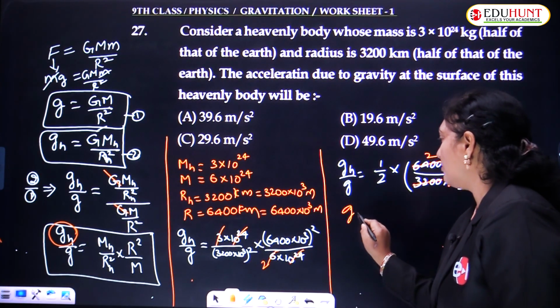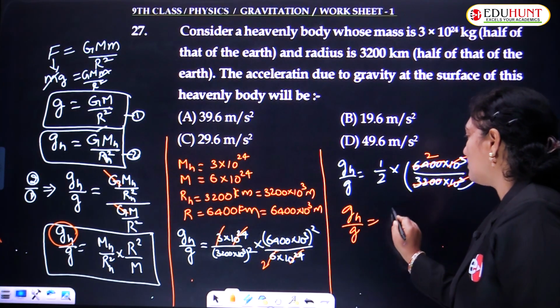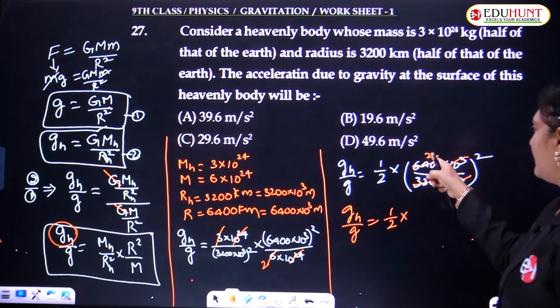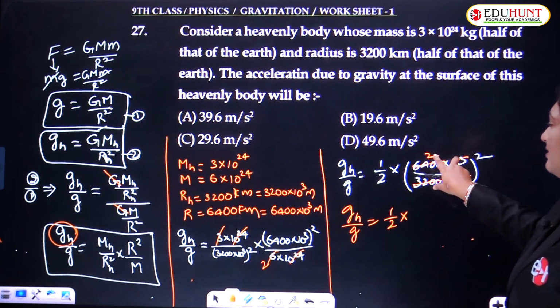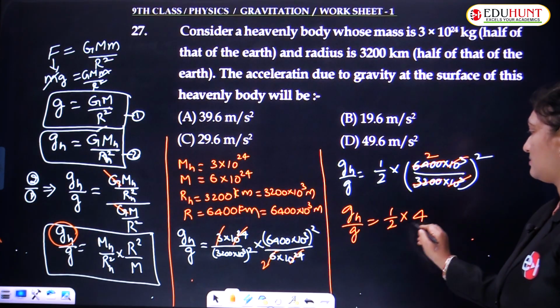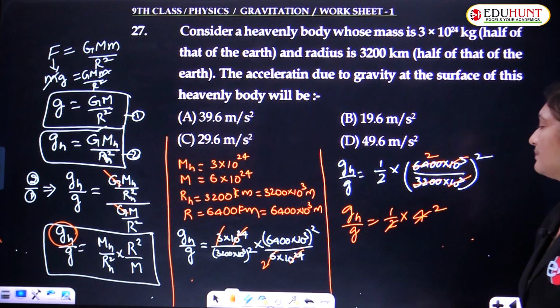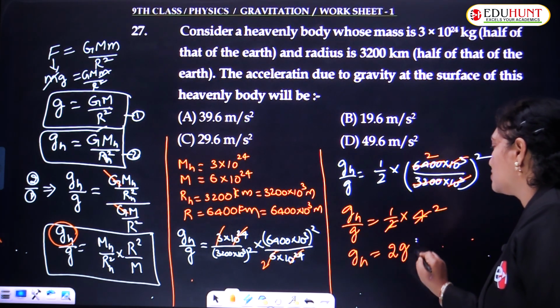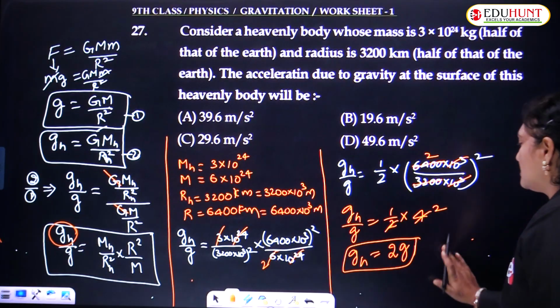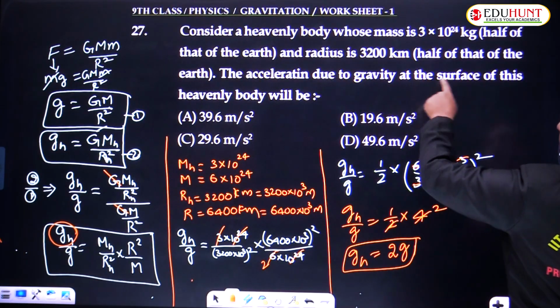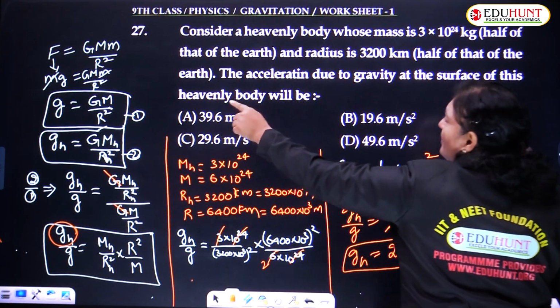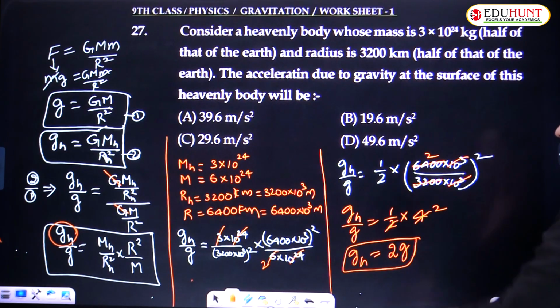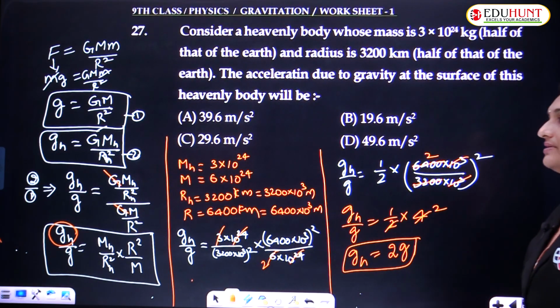Hence the value of GH upon G equals 1 by 2 multiplied by, all together you are only left with 2, whole square is 4. So this will be 2 times. So GH is equal to 2 times of G. So the acceleration due to gravity on the surface of the heavenly body will be 2 times the acceleration due to gravity on the surface of the earth.